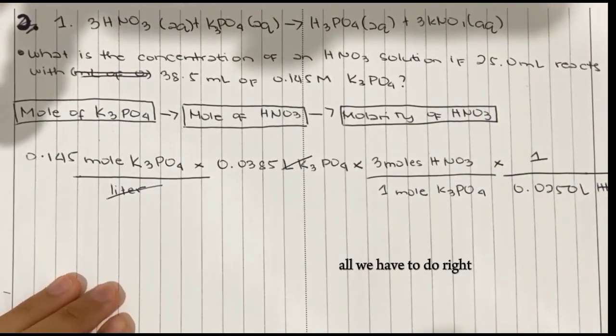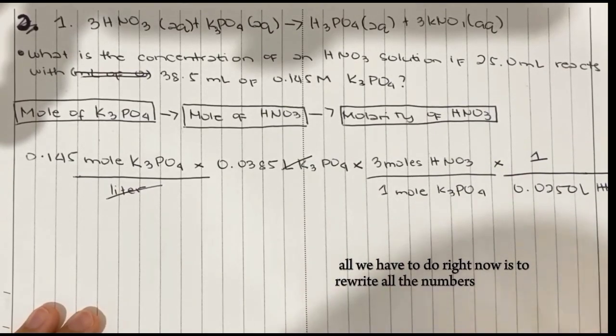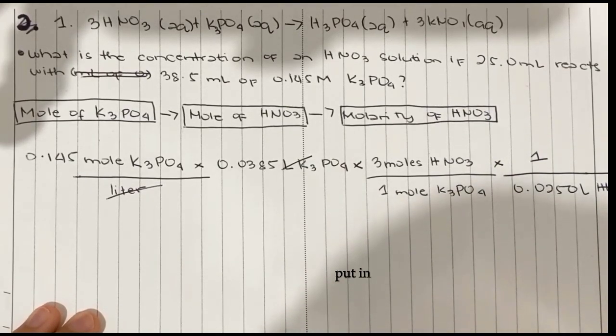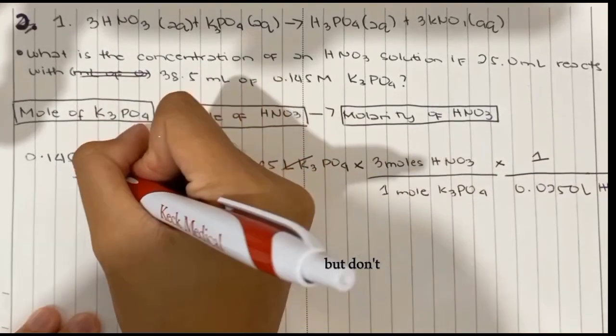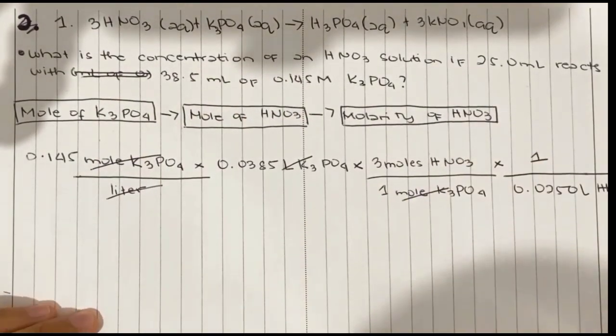All we have to do right now is to rewrite all the numbers and put all of this in our calculators. But don't forget to cancel mole right here.